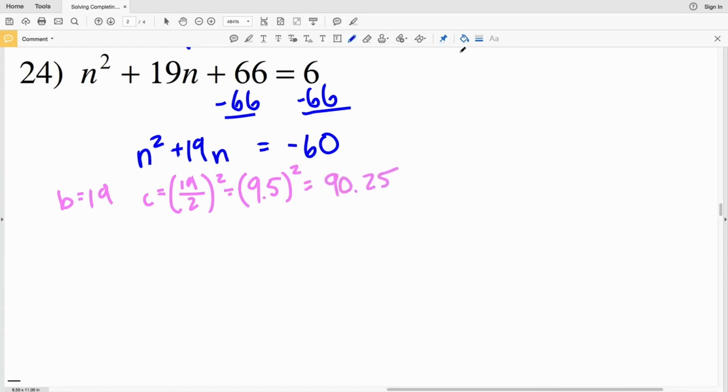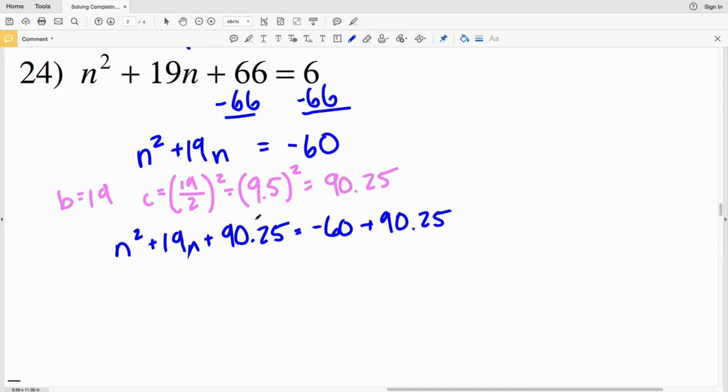So adding c to both sides, both the left and the right of my equation, I'll get n squared plus 19n plus 9.5 squared, which is 90.25. That's equal to negative 60 plus 90.25.